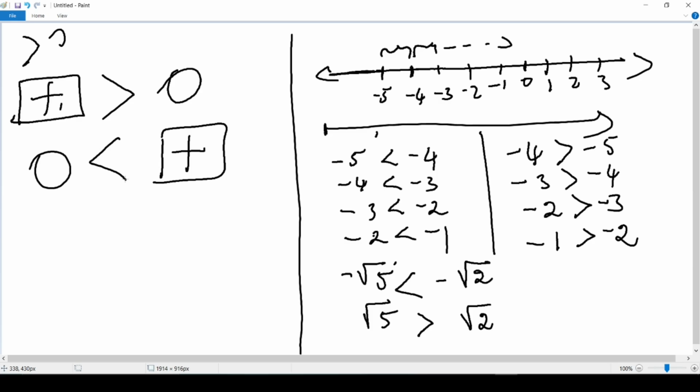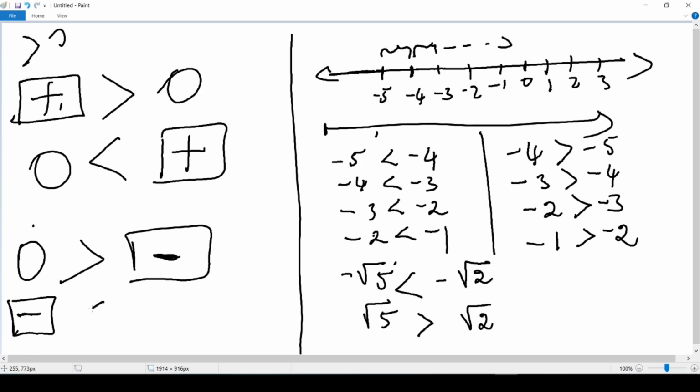Let's go back to our bank accounts. Whenever your account is a negative number, that means you owe money. And even if we don't have money, we prefer not owing. So 0 is greater than any negative number, or any negative number is less than 0.